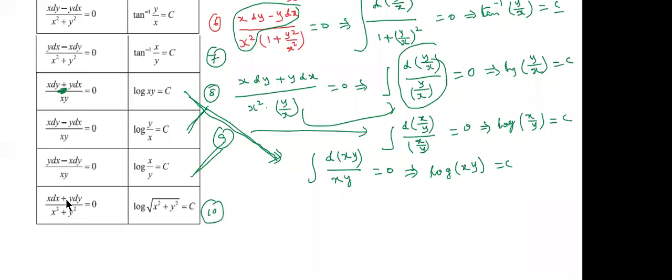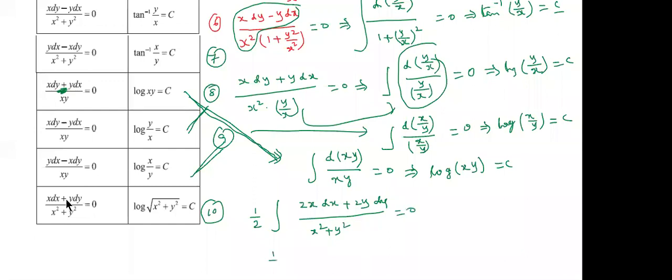How to write this? x dx plus y dy divided by x square plus y square is there. Here do one thing, divide with 2 and multiply with 2. So what will come? 2x dx plus 2y dy divided by x square plus y square is equal to 0.